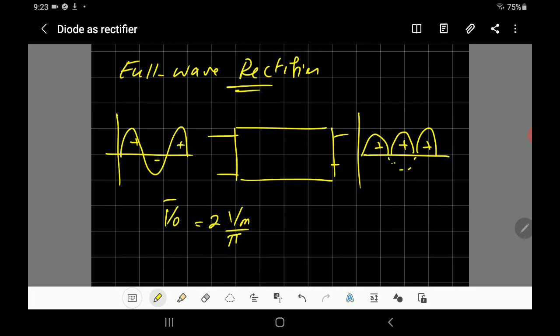So now it will be 2 Vm over pi. That's when you have the full-wave rectifier. You can round 2 over pi and write it as 0.637 Vmax. That's the average value. Okay.